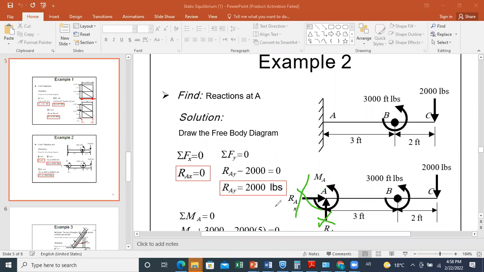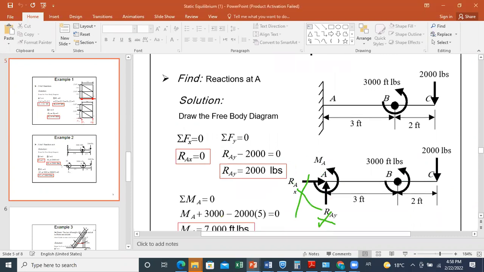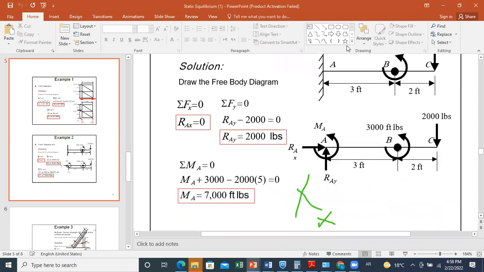Now, whenever I select a certain point, I should mention what positive direction I am considering. If I consider counterclockwise as positive, then if I look at my figure, first I have the couple at A. As we said, the couple moment is a free vector.